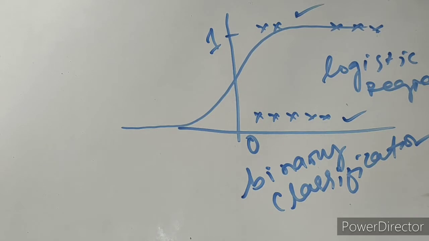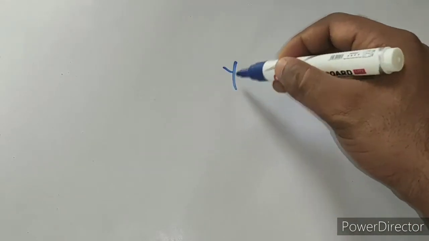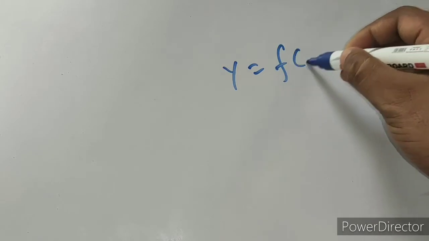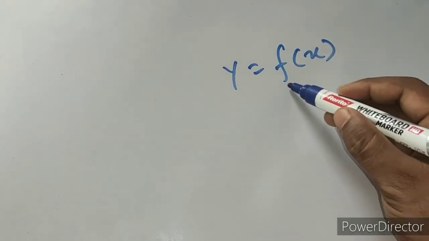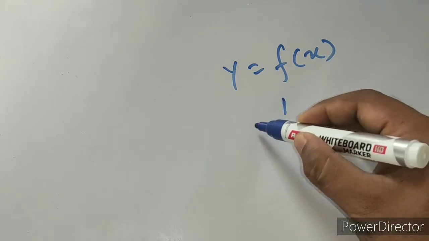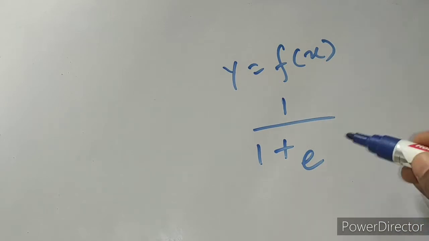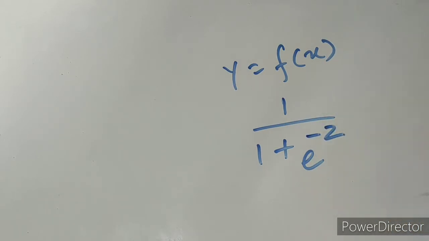So let's check how this function works. Here is the sigmoid function, y equal to f of x. So what is this function? The function f of x is 1 by 1 plus e to the power minus z.